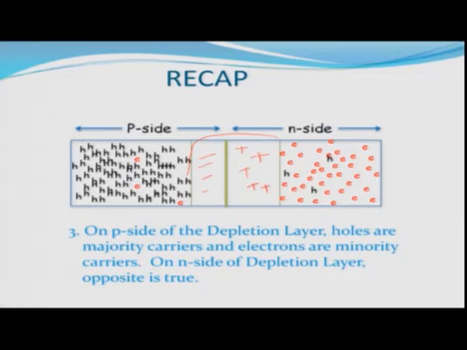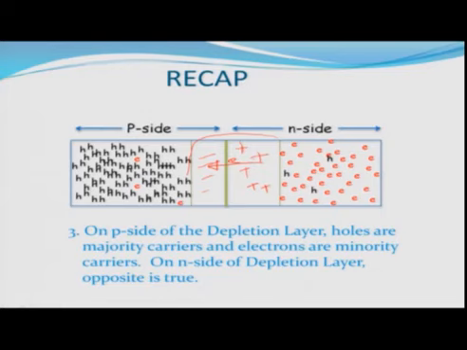negative charge, negatively charged ions not compensated by the corresponding holes, and similarly on this n side you get positive charges, because the electrons have gone from here, and if electrons have gone from here, then they will leave behind positive charges.